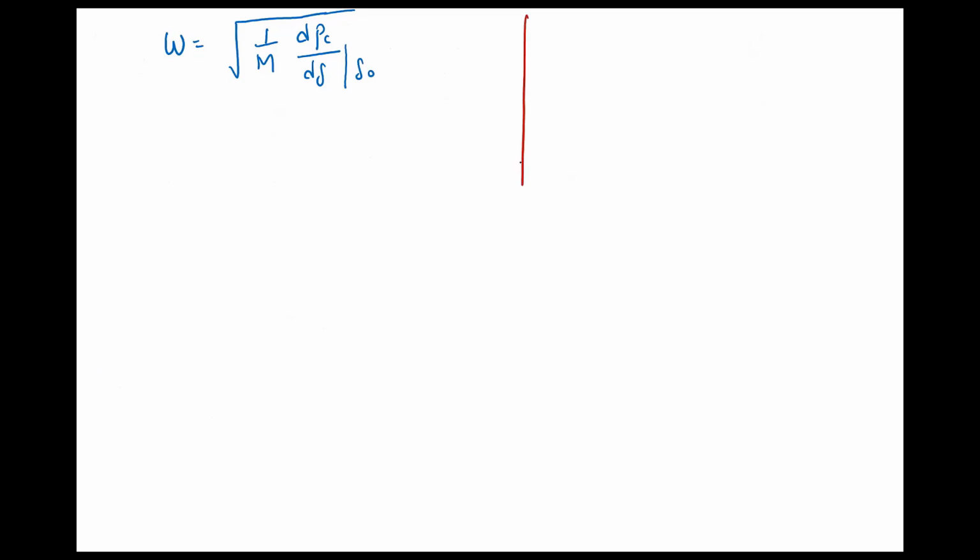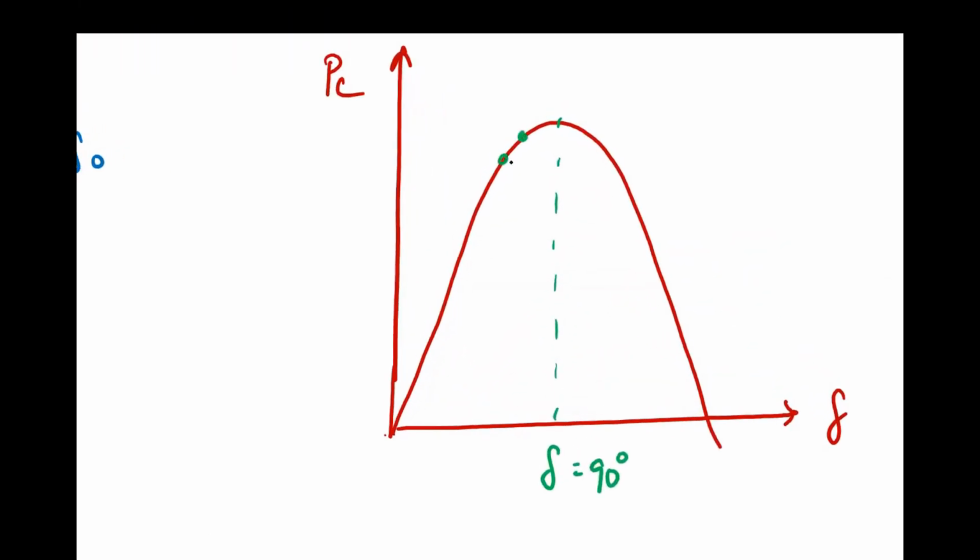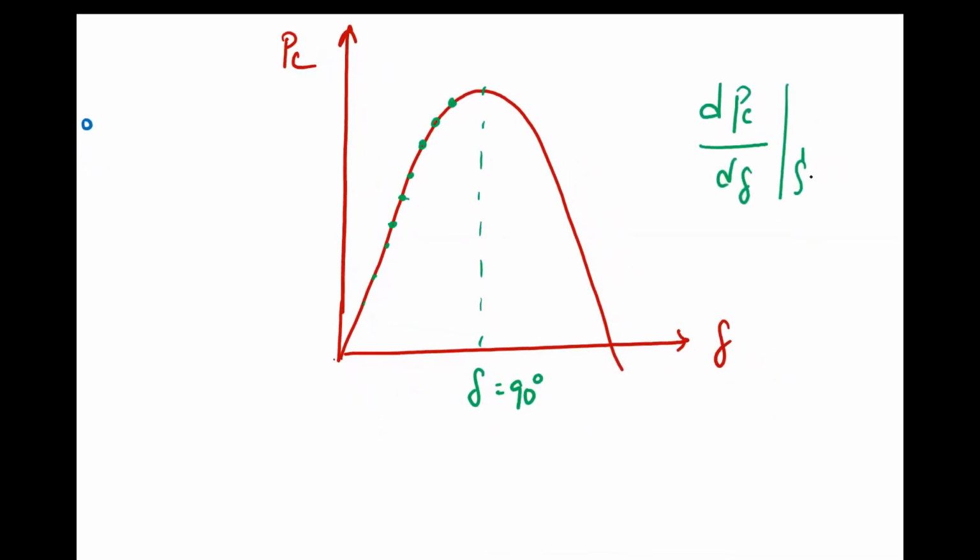So the case arises that if your swing curve, I mean power angle curve, is this one, then for any operating point below delta equal to 90, that means for any point on the curve for an angle less than 90, we know that dPe by d delta at delta naught is positive.